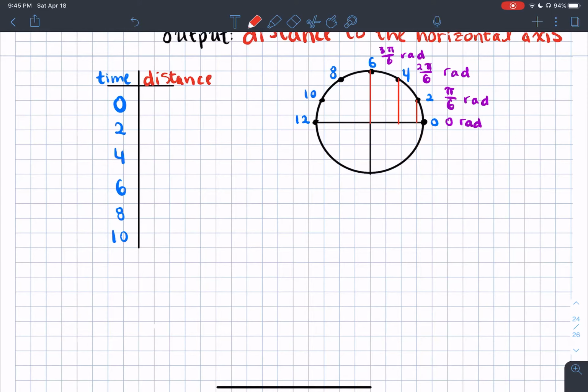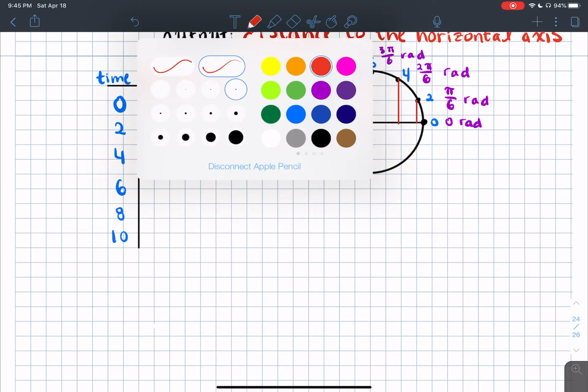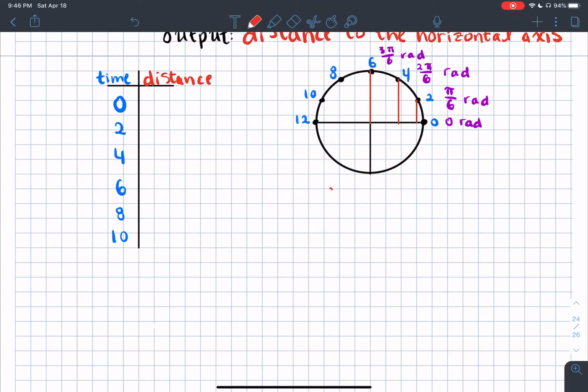Now that you've taken a moment to think, let's talk about how we can find this distance. When we were talking about the Ferris wheel problem, we used sine to find heights, or this vertical distance here. At pi over 6, we found that it was sine of pi over 6.